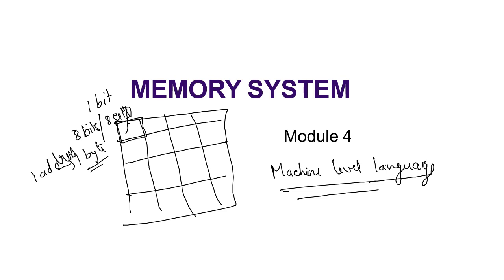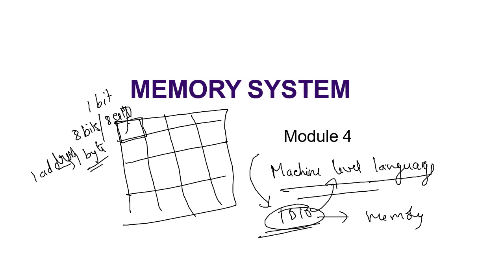It is because machine language comprises ones and zeros, and it is necessary to convert the higher level language to ones and zeros format so that it can be stored in the memory. The program that you write will be converted into ones and zeros format, and that format is called machine level language, and it is then stored in memory.